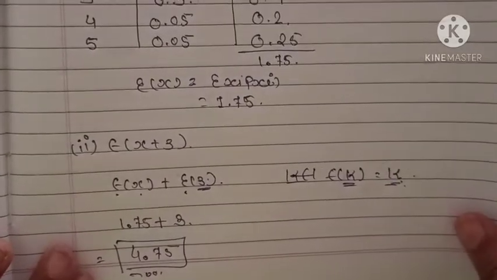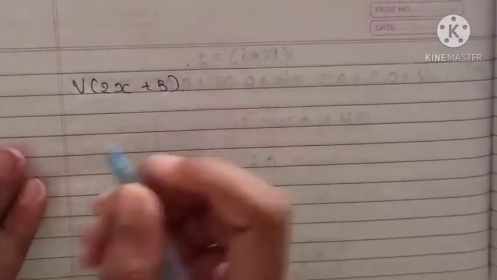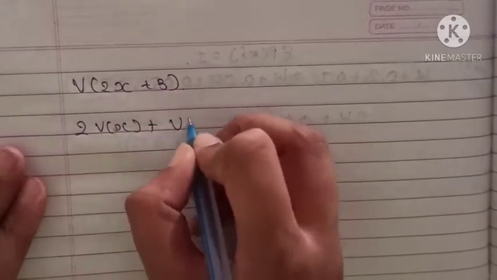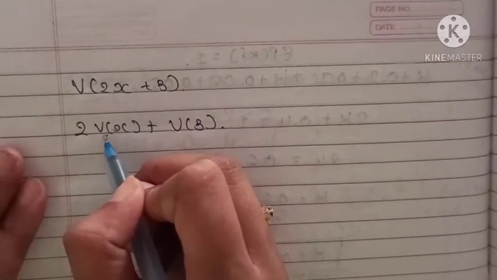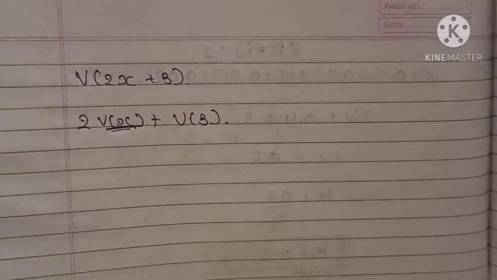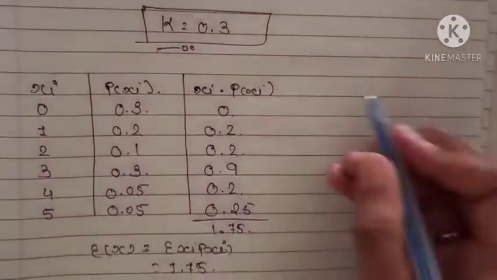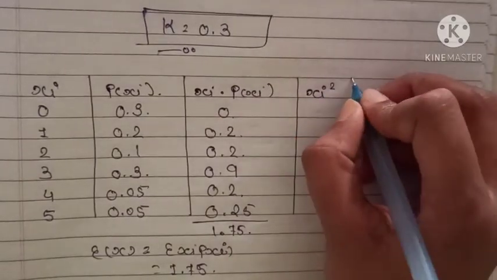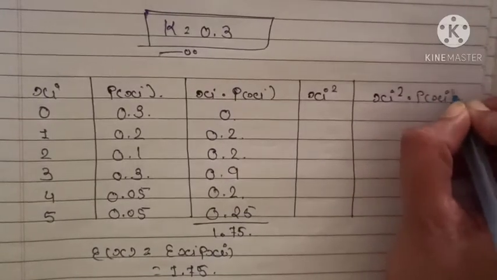Now we have to find out the second thing, that is V(2x plus 3). Then it is 2 square Vx plus V(3), right? So we have to find out the variance of the x variable. So first let's find out the variance of the x variable. For finding out the variance, we need xi square and xi square into pxi.